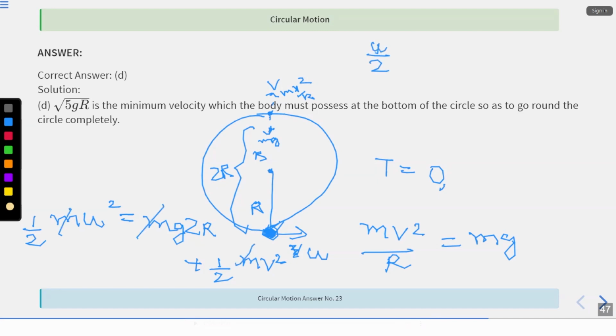So u square by 2 will be equal to 2gr plus v square by 2.